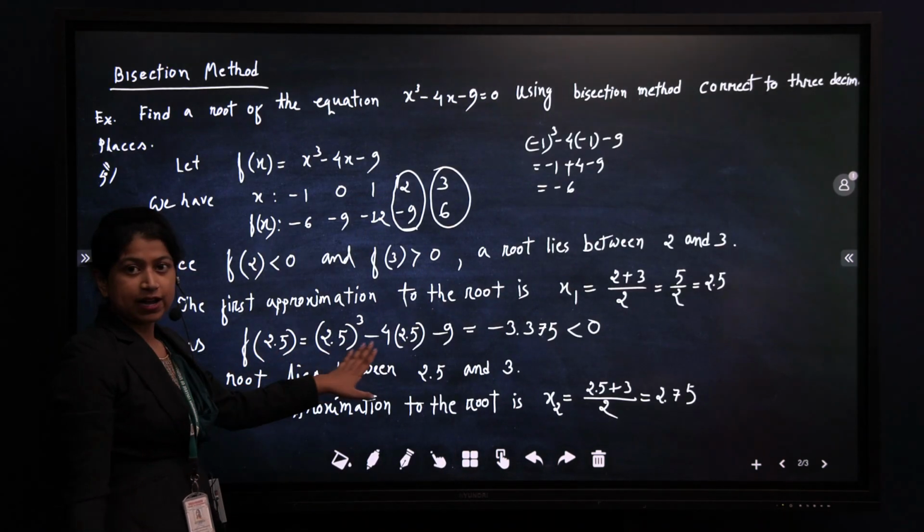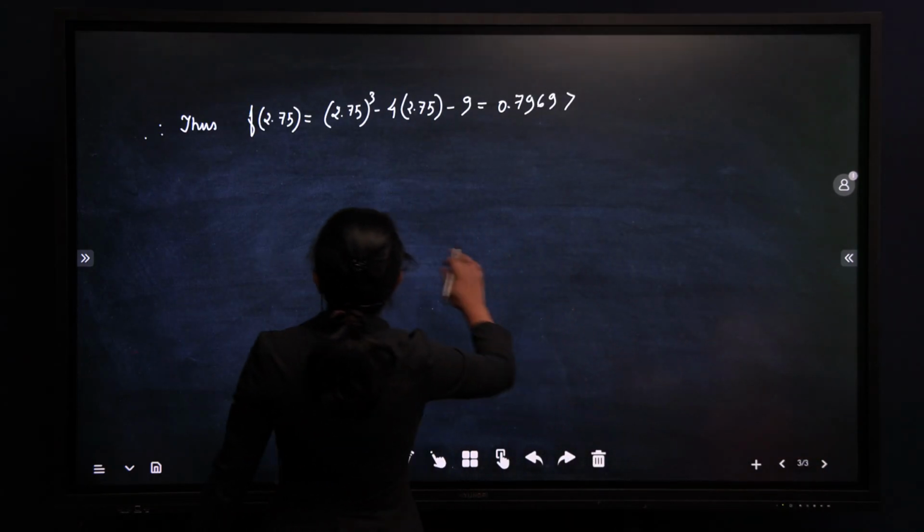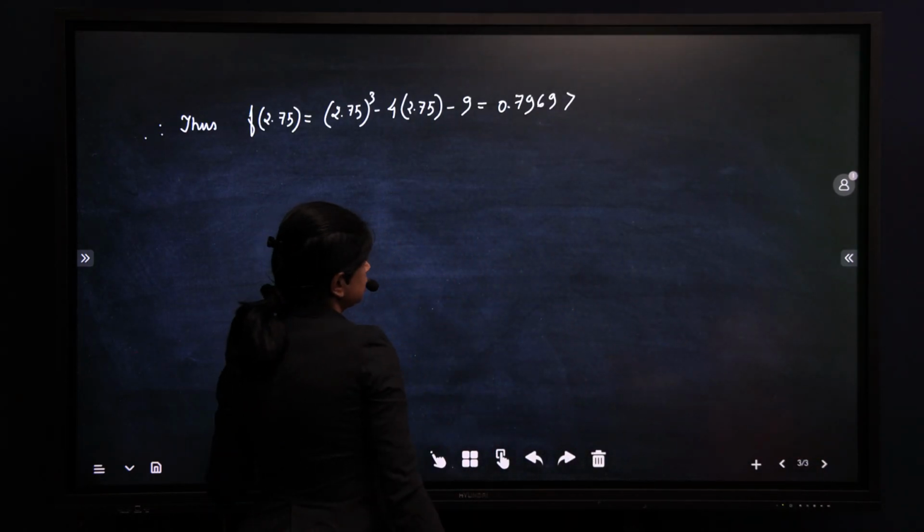So f(2.5) was negative and f(2.75) is positive.